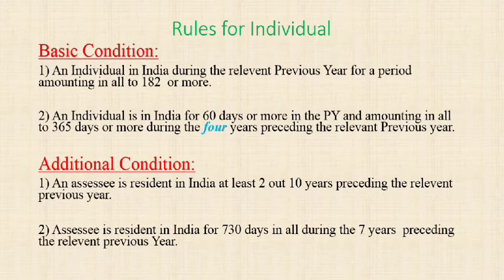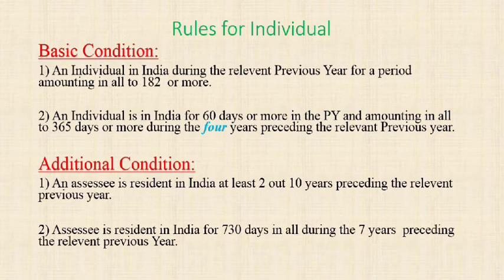So preceding the relevant previous year, before 2019-20, it starts from 2009 to 2019. So this is our preceding the relevant previous year.